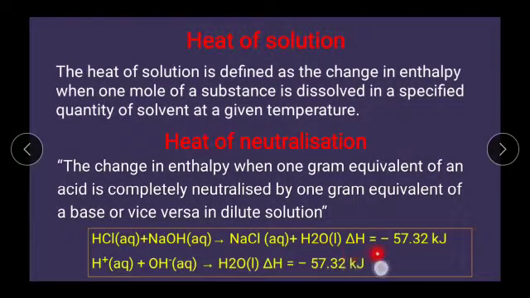In ionic form, H plus from HCl and OH minus from NaOH, we are getting water molecule. The plus and the minus are neutralized. The NaCl is salt, then water molecule. So del H value is minus 57.32 kilojoule.